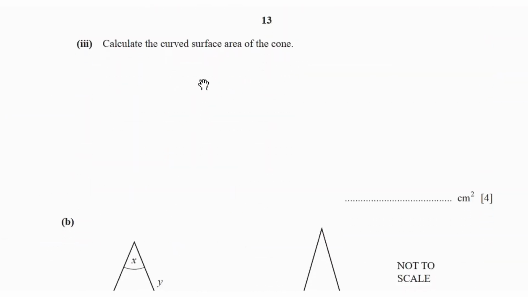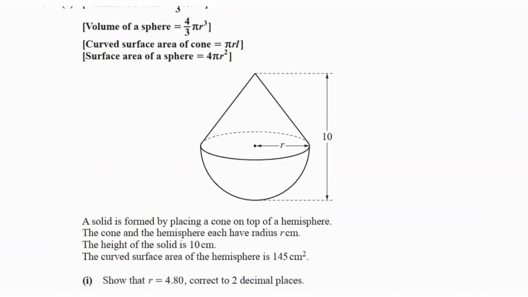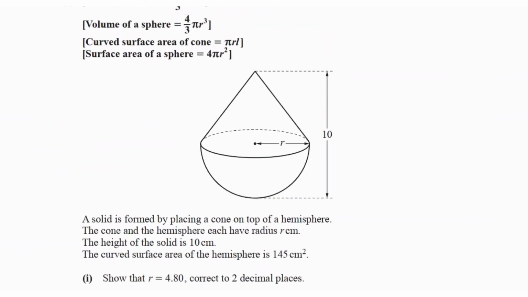Calculate the curved surface area of the cone. For that, we need the value of L, which is the slant length. Once again, this was 4.8 and this was 5.2. If I draw this separately over here, we have a right angle triangle.